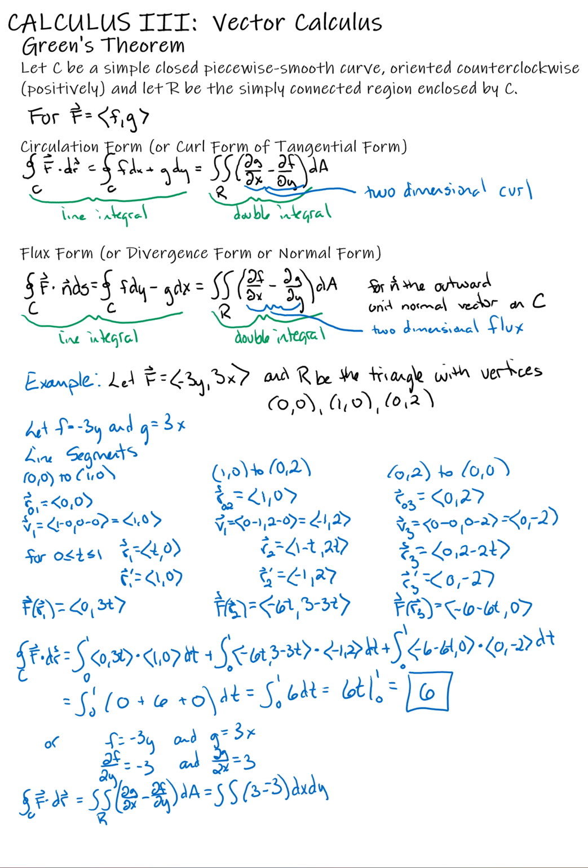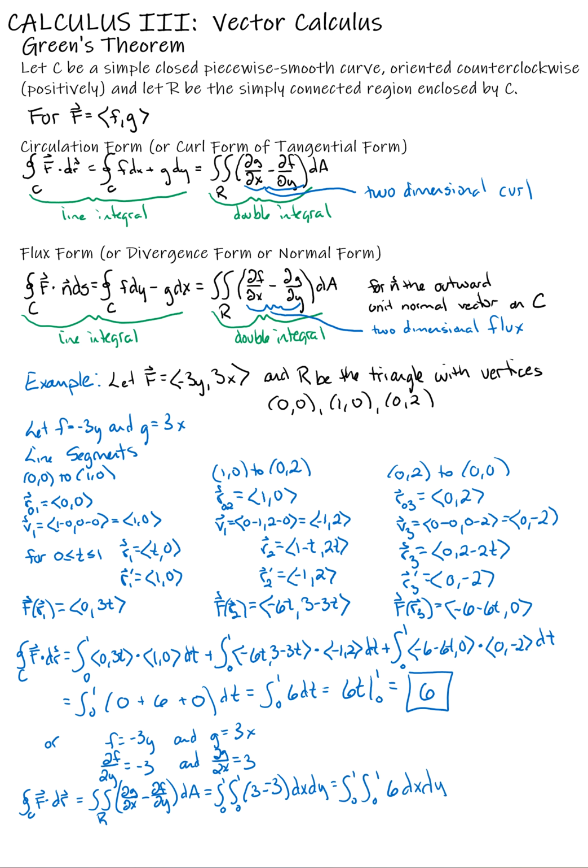So let's see, y goes from 0 to 1, x goes from 0 to 1 as well. So what does that give us? It's the double integral, both from 0 to 1. Let's see if I can clean that up. Integral from 0 to 1, integral from 0 to 1 of 6 dx dy.